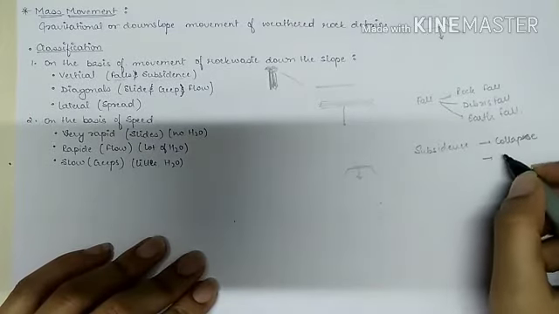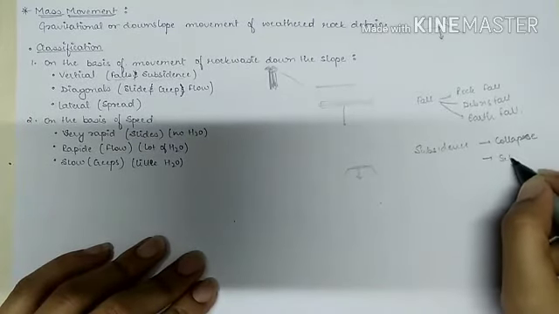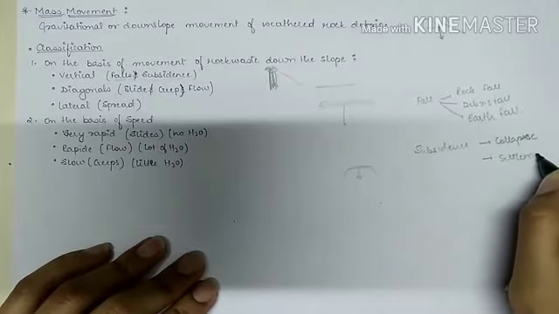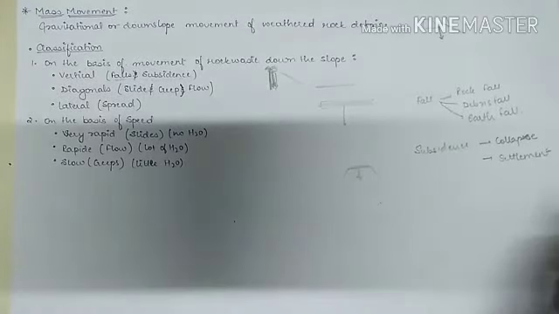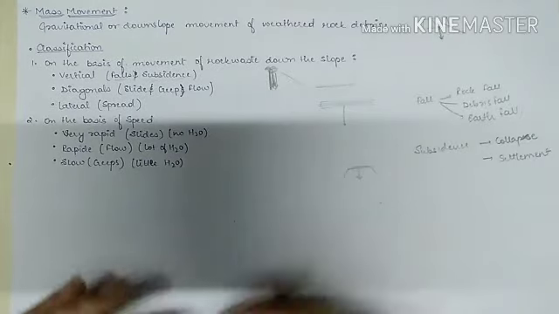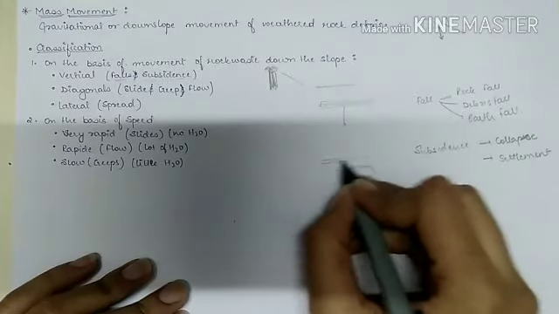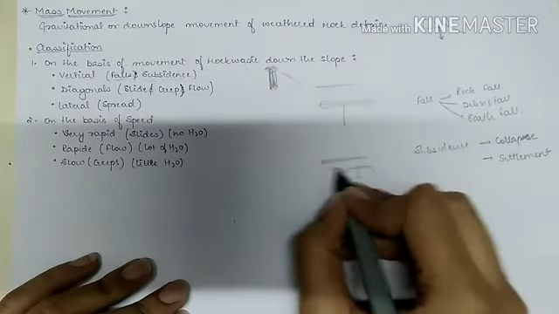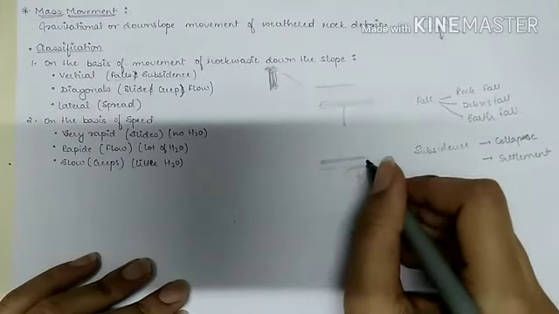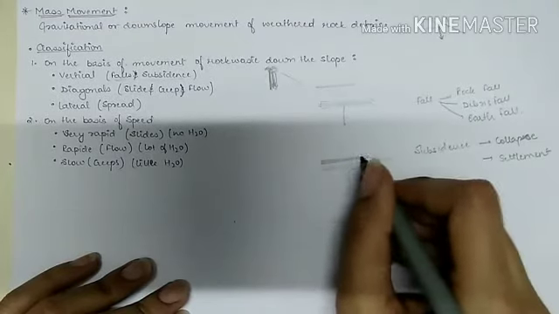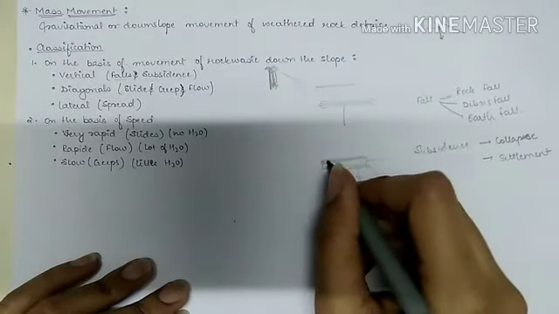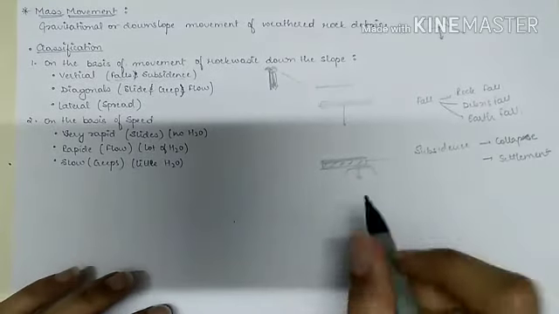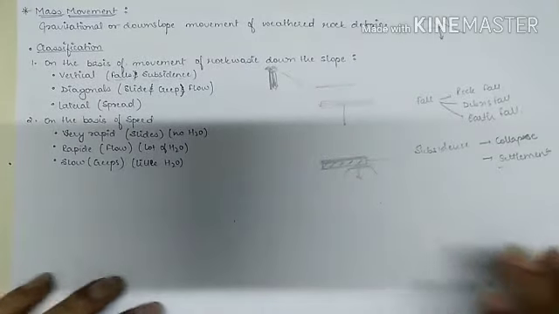And the next is settlement. This is the collapse of ground surface due to withdrawal of water. This is the ground surface and here we have water. So the water is removed, and this area will subside down. This is known as settlement.